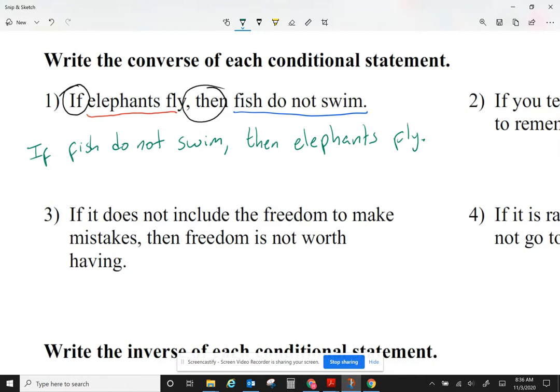Once again, identify the hypothesis and conclusion and switch places. The hypothesis becomes the conclusion, and the conclusion becomes the hypothesis. Make sure you keep it all with the same wording. Notice how in my answer, the new hypothesis is fish do not swim. Don't change it to fish don't swim, right? Leave it with the same wording. I wrote do not, so leave it as do not.